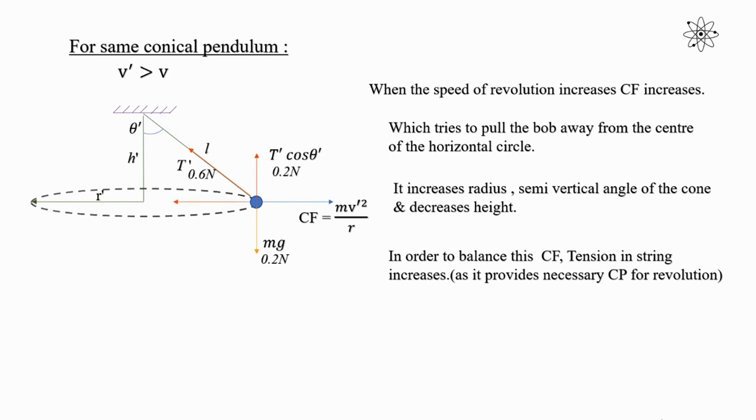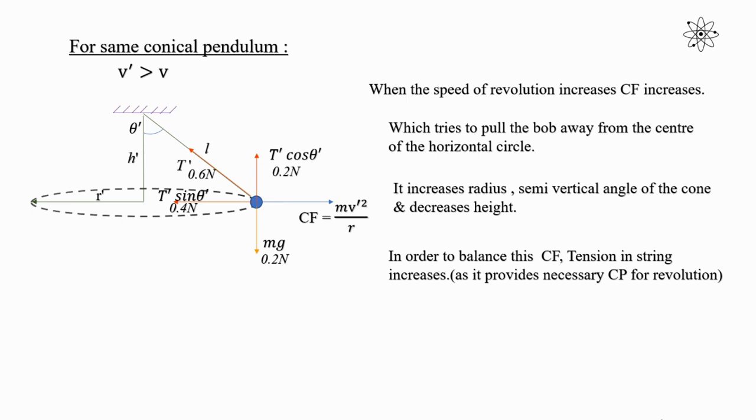So the remaining 0.4 Newton is used by T dash sin theta dash to balance the centrifugal force. From all this discussion, you can understand, student, the tension is a self-adjusting force. It adjusts itself with the increase or change in speed.